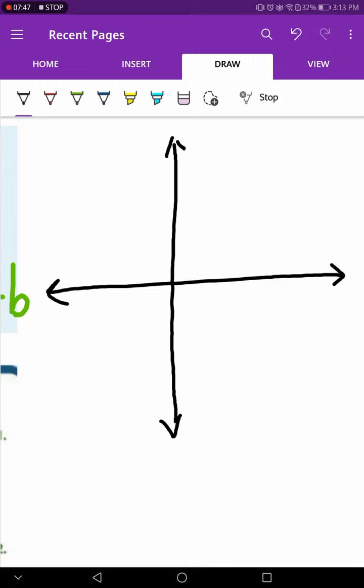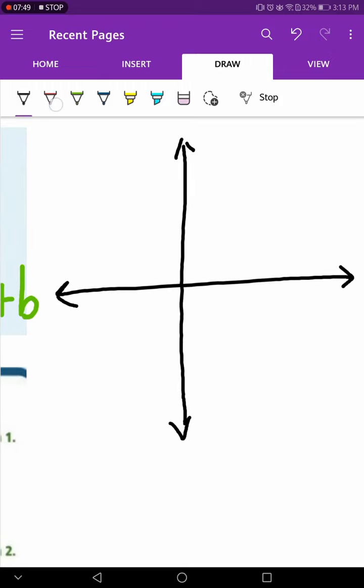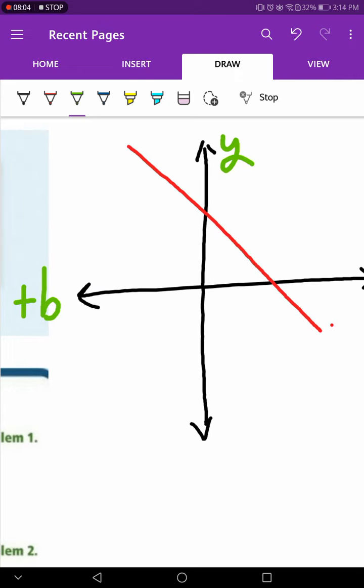Okay. The b, if you have a graph like this, a straight line that crosses the y-axis and the x-axis, this is the y-axis. The b is related to the y-axis only, so don't look at the x-axis. Tell me where the red line hits the y-axis, at which point.